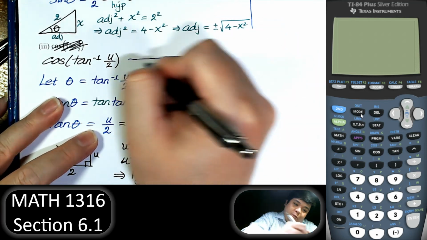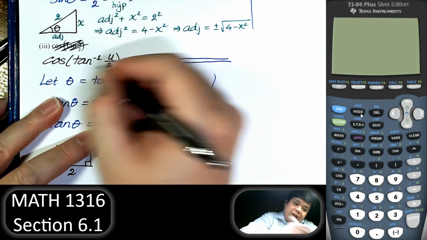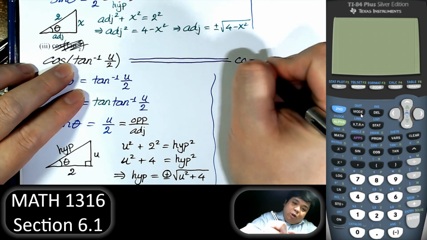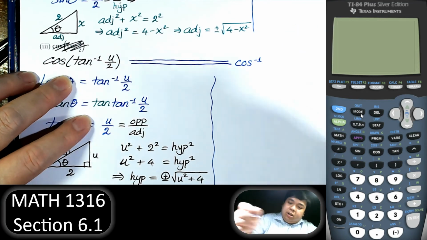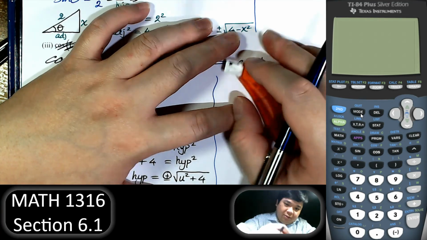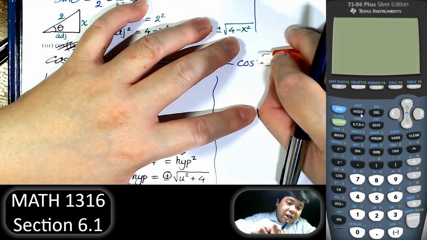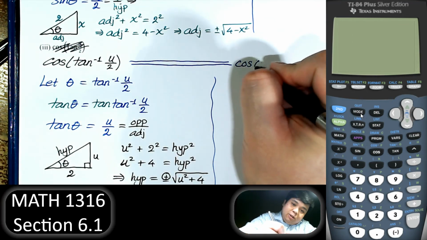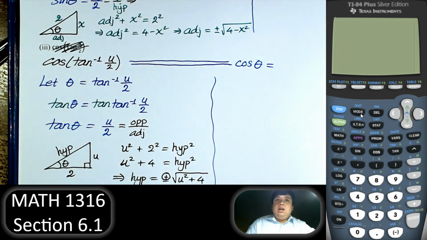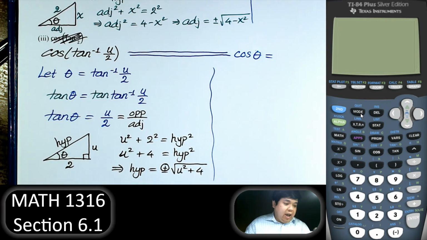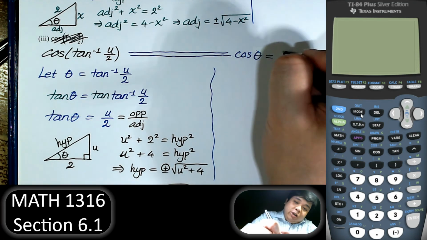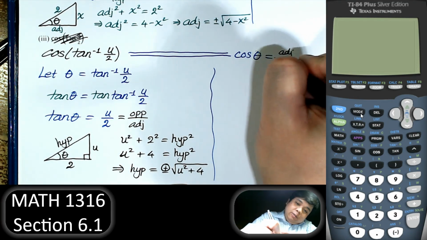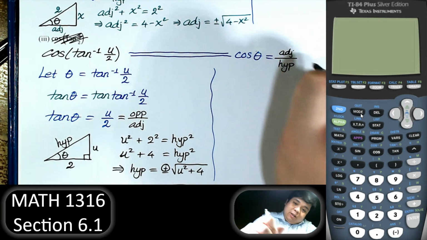And then we will say, cosine of tangent inverse of u over 2 is going to be cosine theta. And cosine is x over r, or adjacent over hypotenuse.